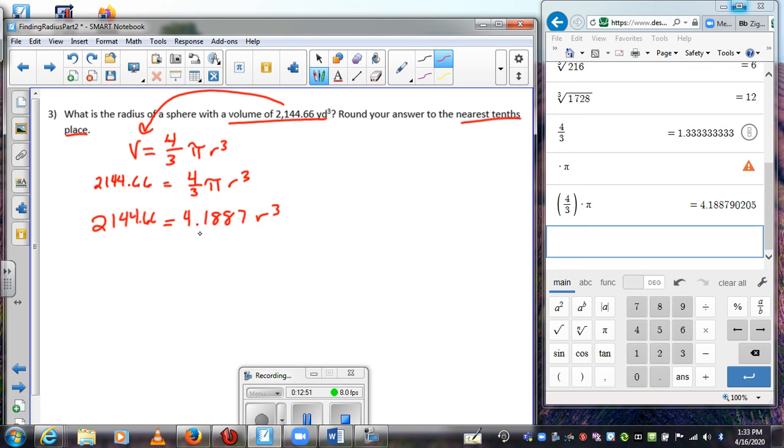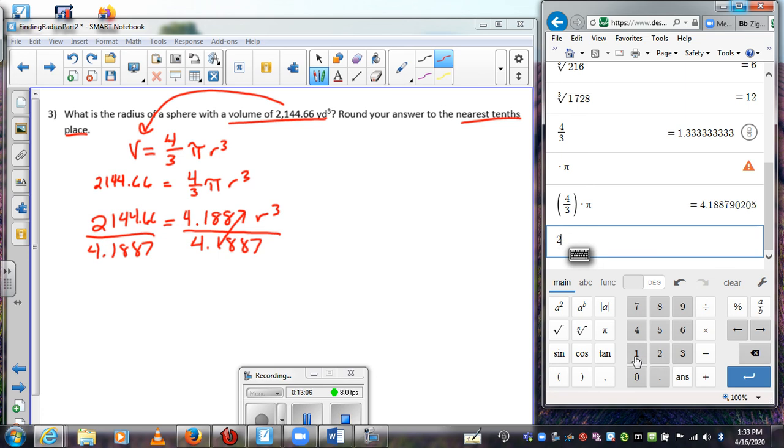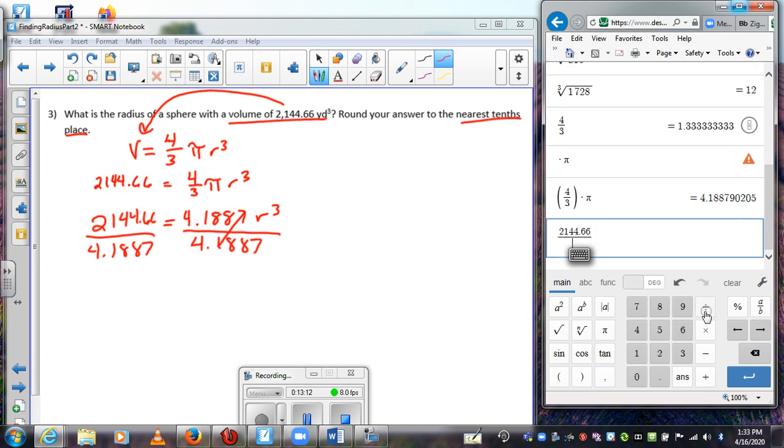And now the opposite of multiplying by 4.1887 is dividing by it. All right, so I'm going to do 2,144.66, and I'm going to divide that by 4.1887.